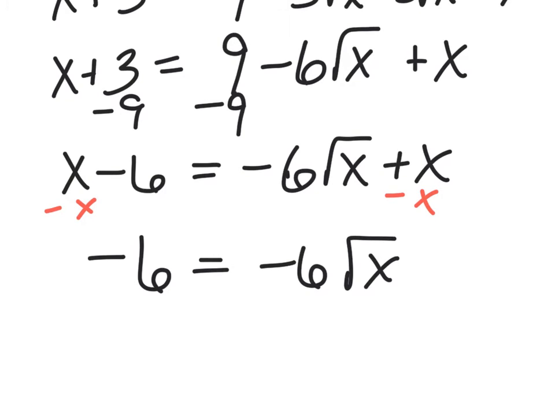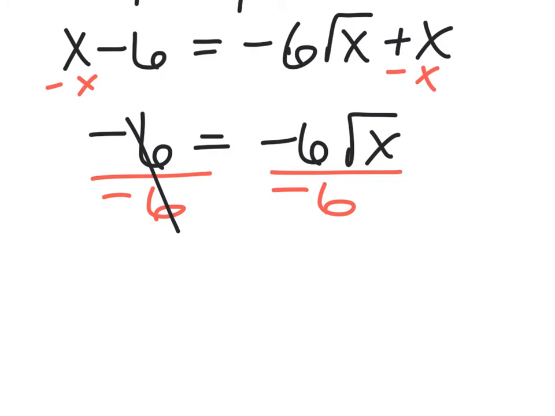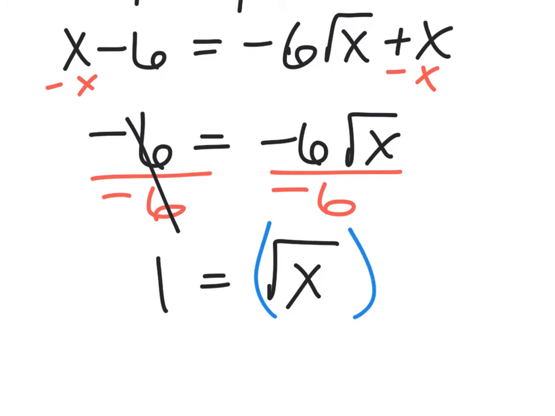I want to isolate that radical, so I'm going to divide both sides by negative 6. So those divide to a positive 1 equals radical x. Wrap each side up to isolate that radical and get rid of it, square it, and I should get x equals 1. Now remember, that doesn't mean that's my final answer. I do need to check.